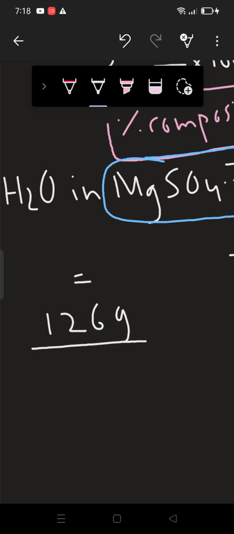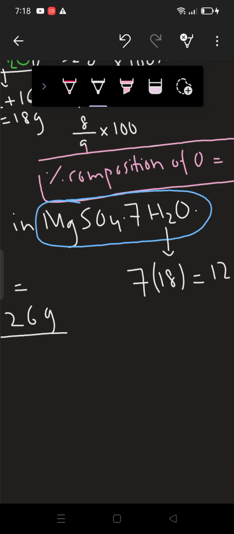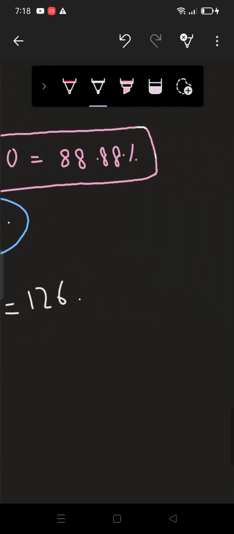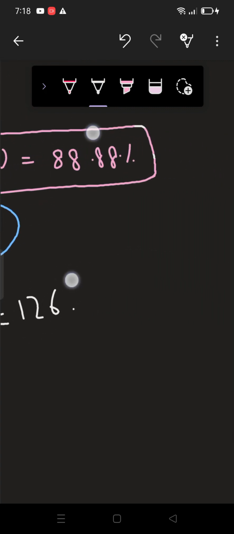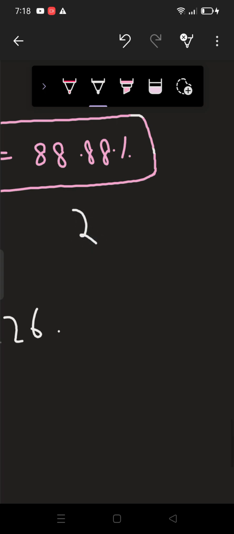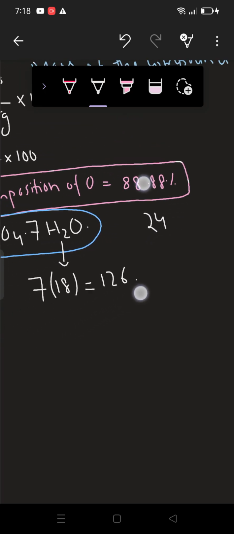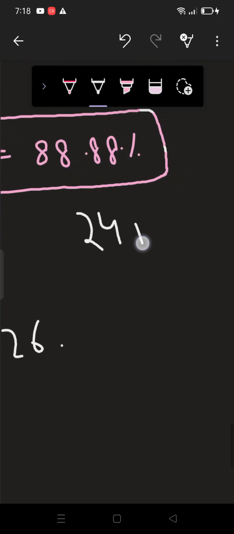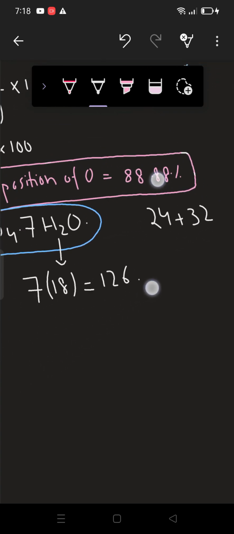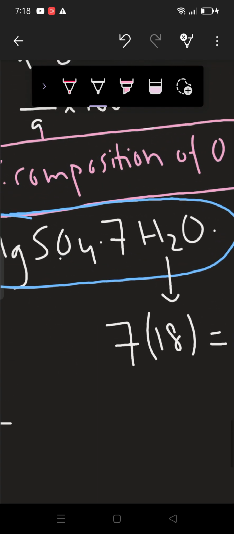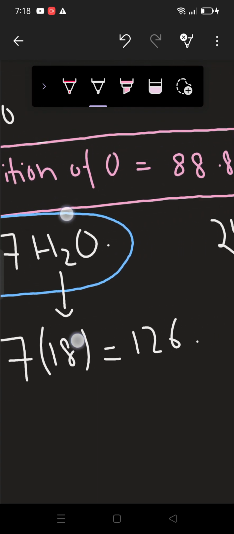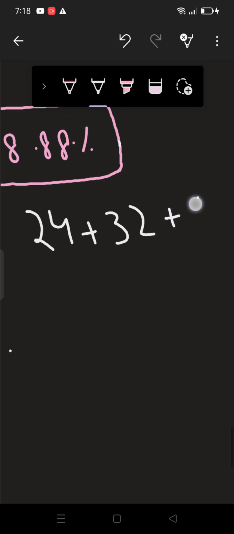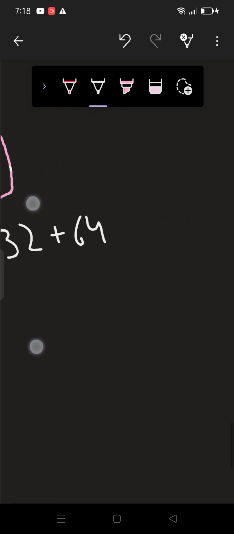Now we need to take the mass of this entire compound, right? So we know that the mass of magnesium is 24, right? Then the mass of sulfur is 32. The mass of oxygen is 16, but there are 4 atoms of oxygen, so 16 into 4 is 64, right?